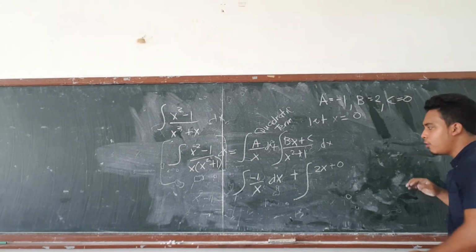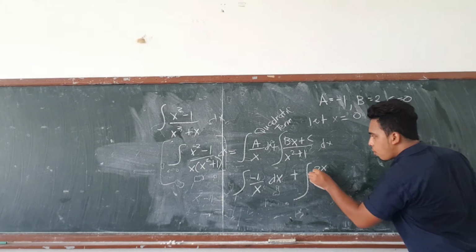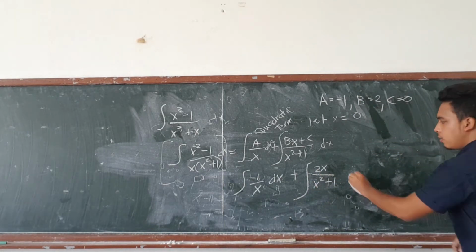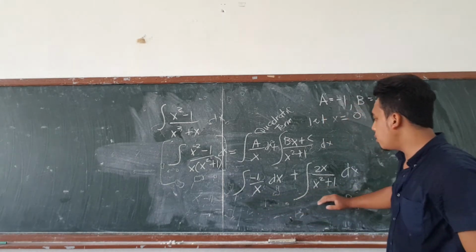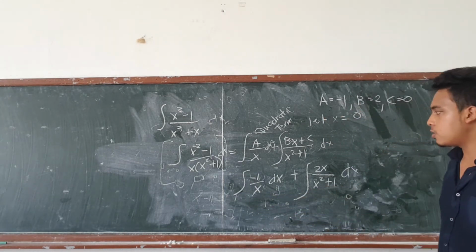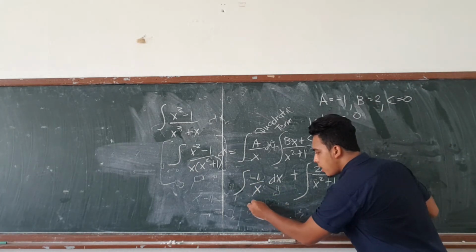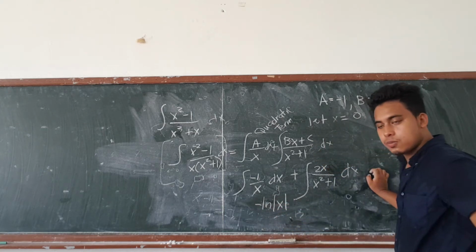Then since walay value of 0, ato din nato siya i-apply suwat. So 2x over x squared plus 1 dx. Now we can now integrate these two fraction. Kaya nabuwag naman siya. So negative 1 over x, that is equal to negative ln the absolute value of x.